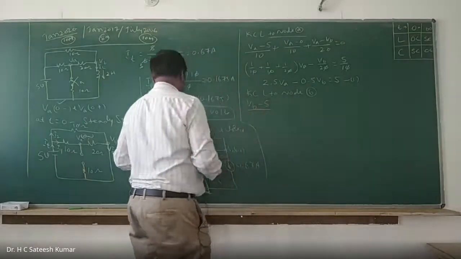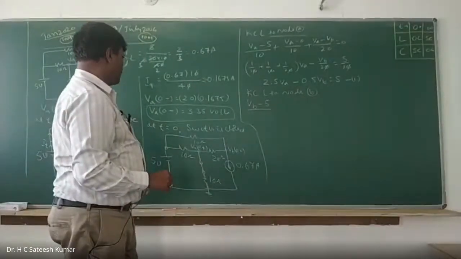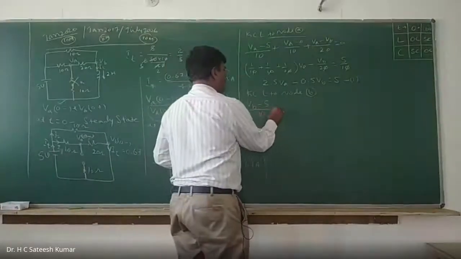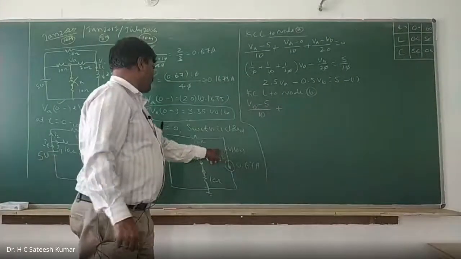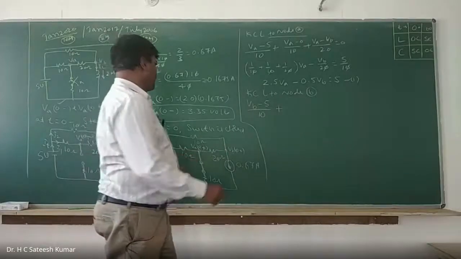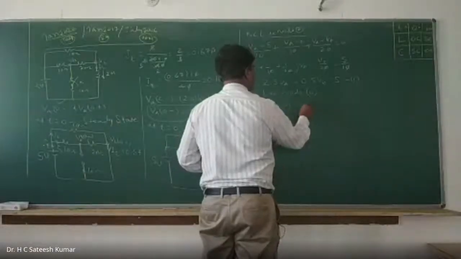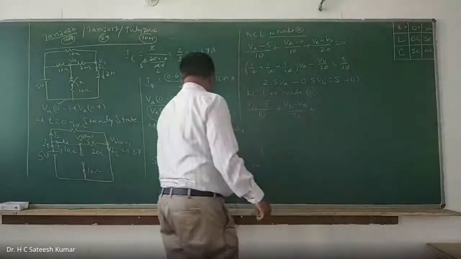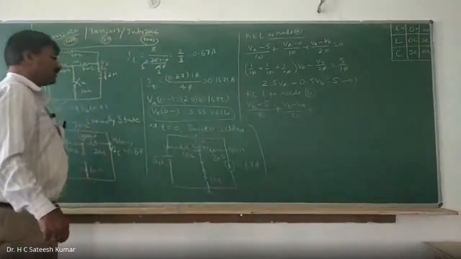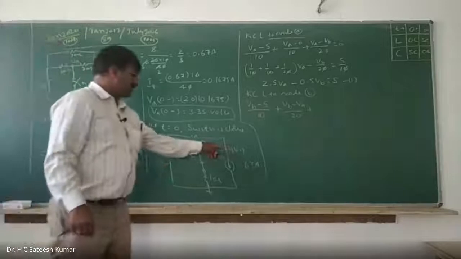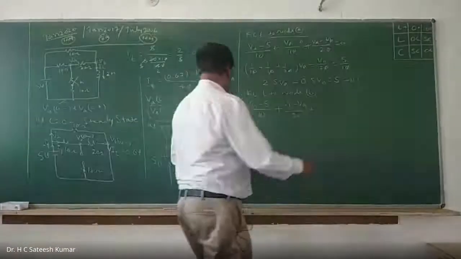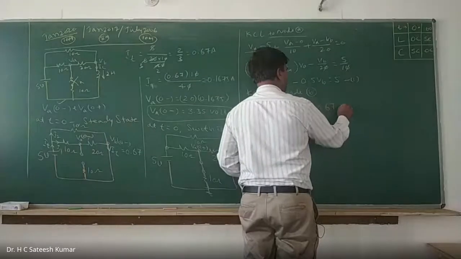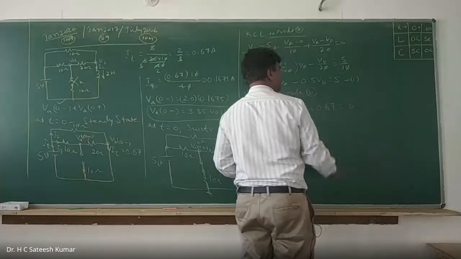(VB minus 5) divided by 10 plus (VB minus VA) divided by 20, plus this current is leaving, plus 0.67. Leaving current, always it should leave the node. 0.67 is equal to 0.